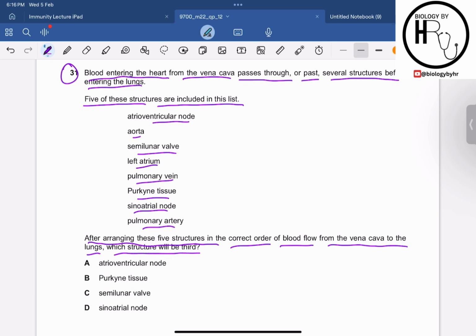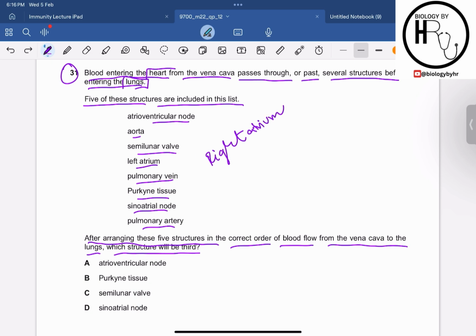Alright, so basically they are saying that as the blood enters the heart from the vena cava, it passes through several structures before entering the lungs, right? So as it enters from the vena cava, it must enter the right atrium, right? So you can see over here that the option for the right atrium is not here, right?